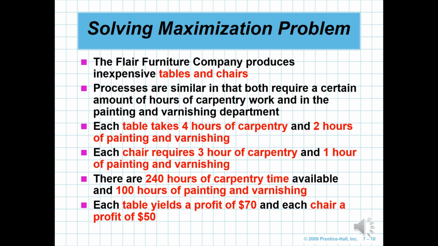So in this information, we know that the objective is to maximize the profit, and the profit for a table is 70; if the company produces 1 table, the company will gain $70.